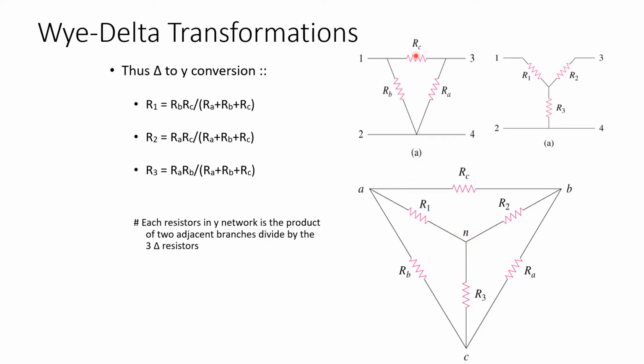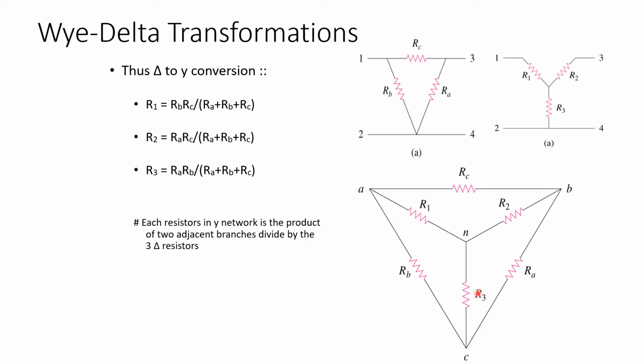If you have the values of RA, RB and RC, now you have to find the values of R1, R2, R3. When you get the values of R1, R2, R3, it means that you have transformed this delta network to this Y network, and you can remove RB, RC and RA from the circuit and replace them with R1, R2 and R3.